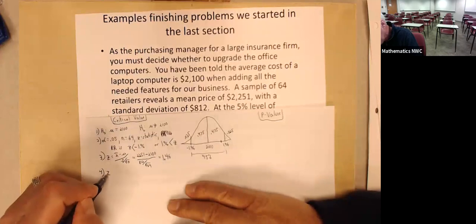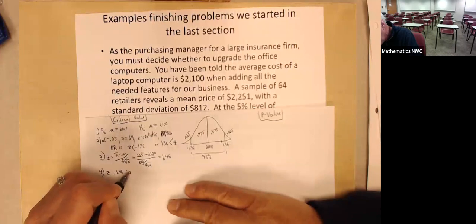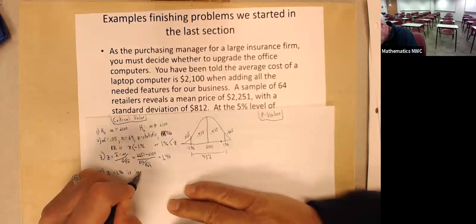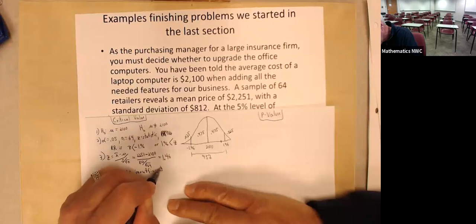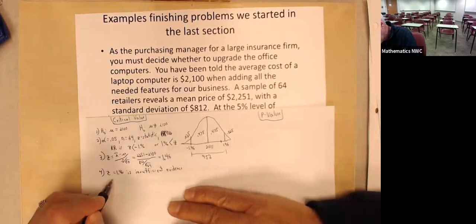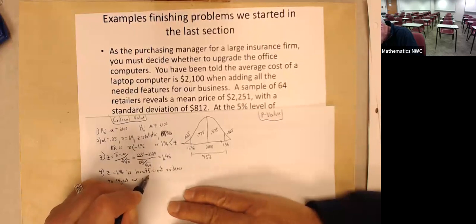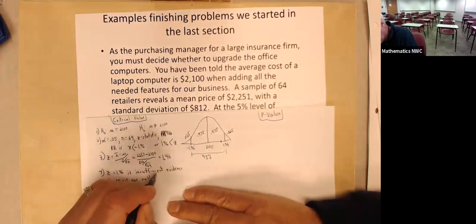My Z equal to 1.46 is, here's that phrasing again, insufficient evidence to reject our null. It's like saying I don't have enough evidence to reject that it's 2100. I've got to continue to assume that it is 2100.